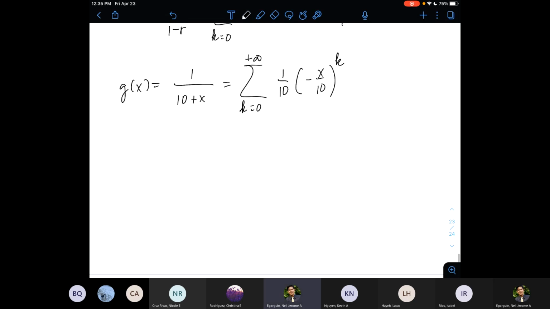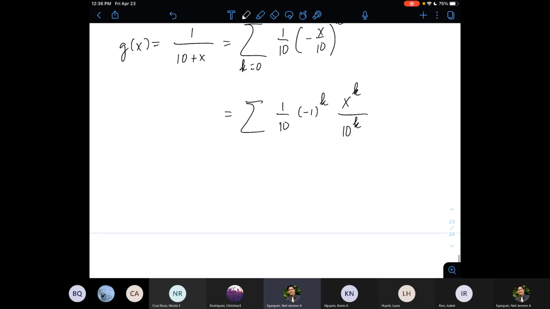Now let me play a bit with the laws of exponents here to make the expression easier to look at. So I'll have a 1/10 outside. Laws of exponents here, I have a -1 raised to the power k. I'll just isolate it here. Then I have x to the power k that goes on top. And then the 10 in the denominator is also raised to the power k.